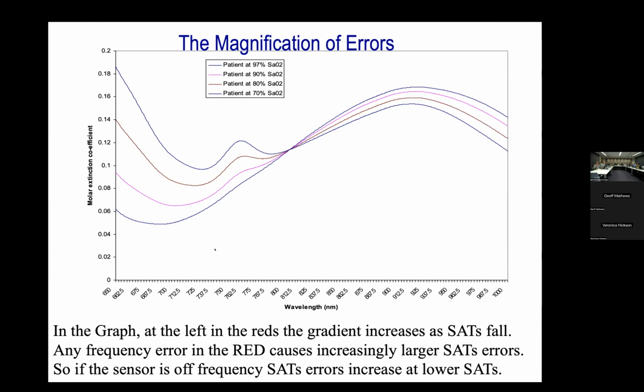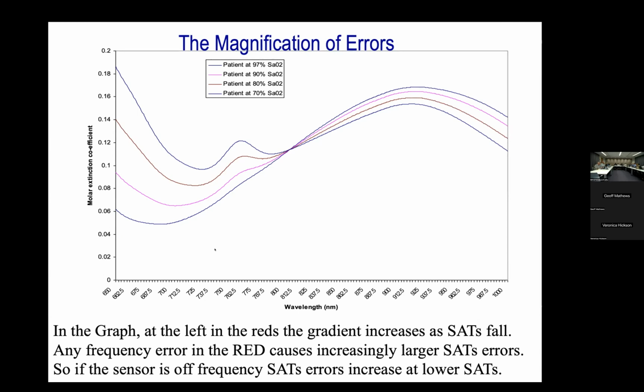For example, here, if you look over the left-hand side of the graph, where the reds are, the lowest graph represents about 97% SATs, then up to 90, 80 and 70, but the point is that gradient is increasing. So any error on the x-axis there, the effect on the y-axis is multiplied. So that's why we get larger errors at lower SATs.